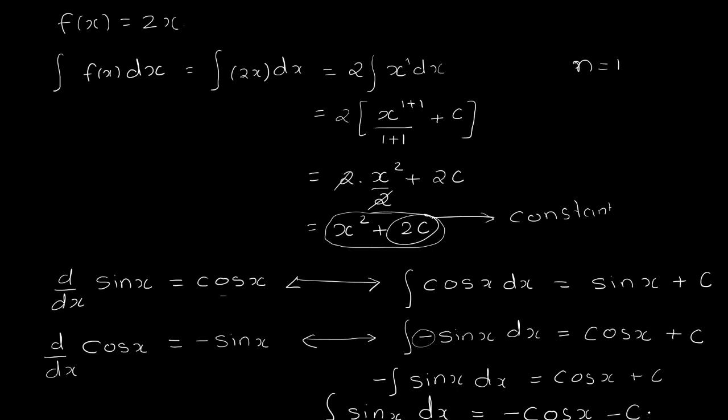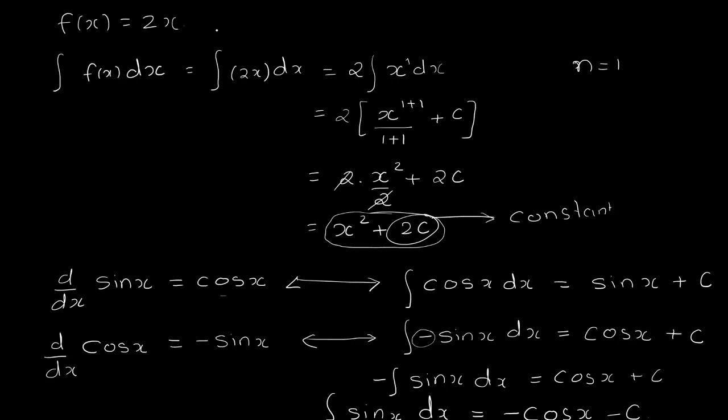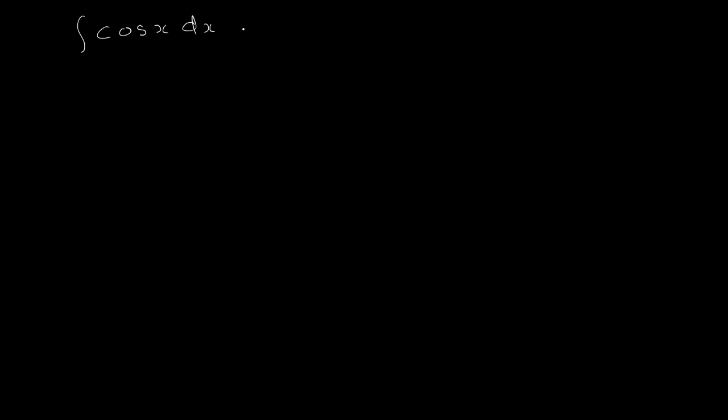So this is the formula we have: integral of cos of x dx is equal to sine of x plus c, and integral of sine of x dx is equal to minus cos of x plus c.